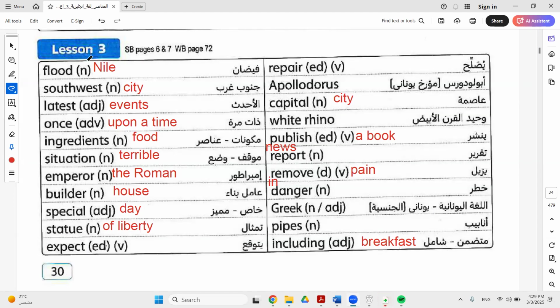Yes, Iyad. Flood, southwest, latest. No, you read them with the word, right? With its collocation.